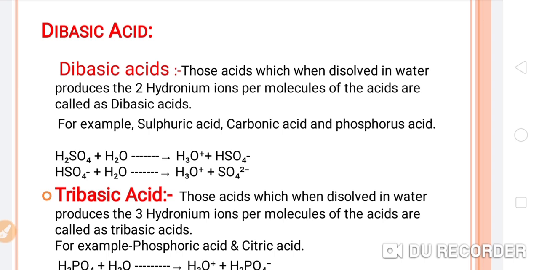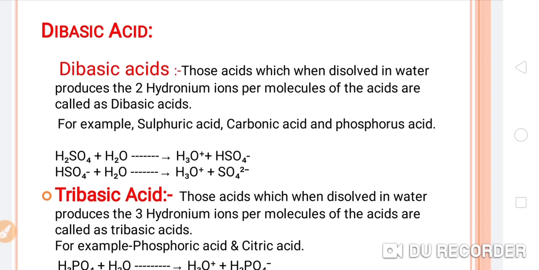So here you can see sulfuric acid when you are dissolving it inside the water. In the first step, you are getting one hydronium ion because only one hydrogen has been replaced, and HSO4 negative anion.